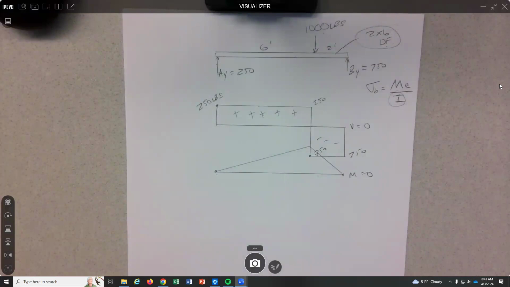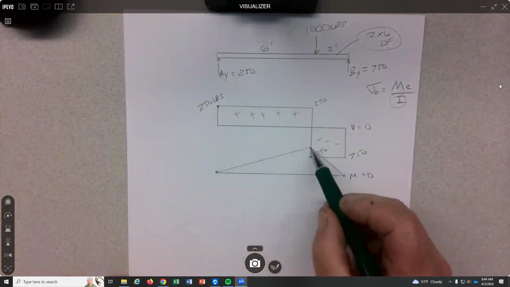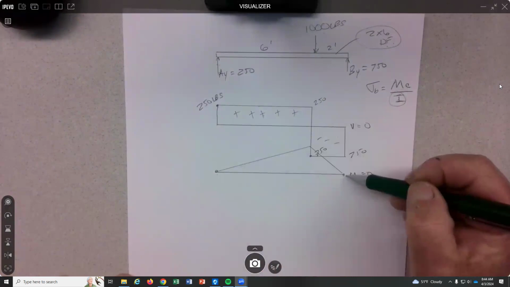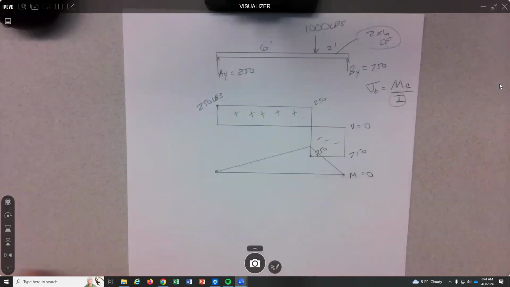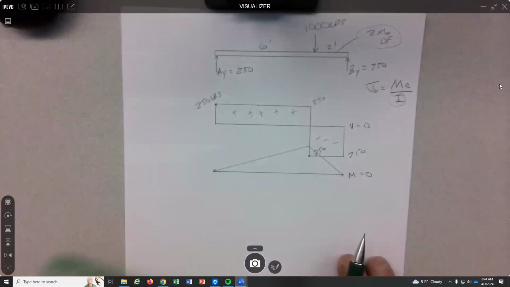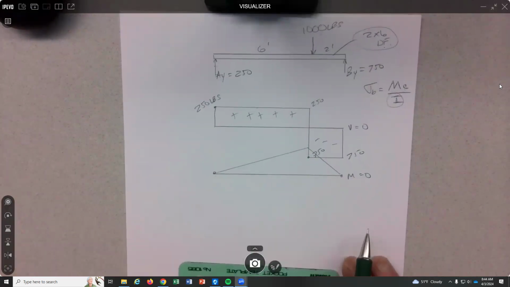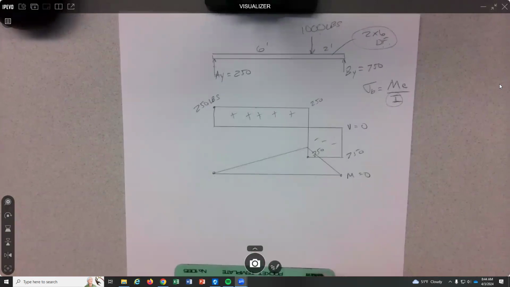So you kind of read the shear diagram, you're reading slope of the moment diagram. So it goes positive, positive, positive, positive, and then it goes negative, negative, negative, negative. Comes back to 0.